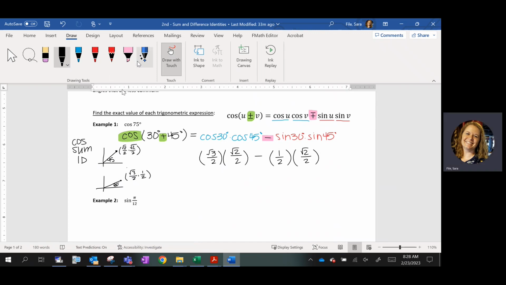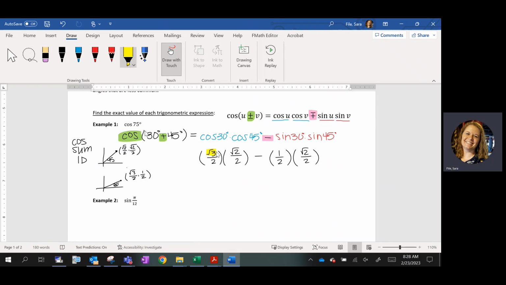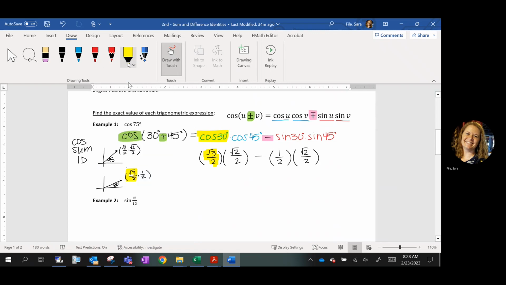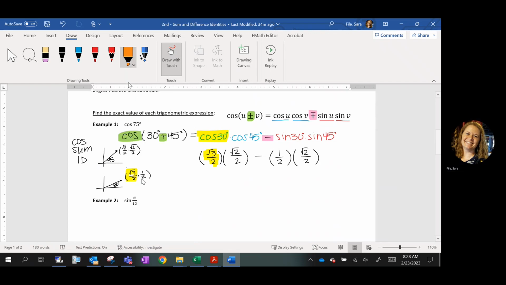So some algebra you need to do here. Let me do a little color coding here. So this cosine of 30 came from here. Sine of 30 came from there.